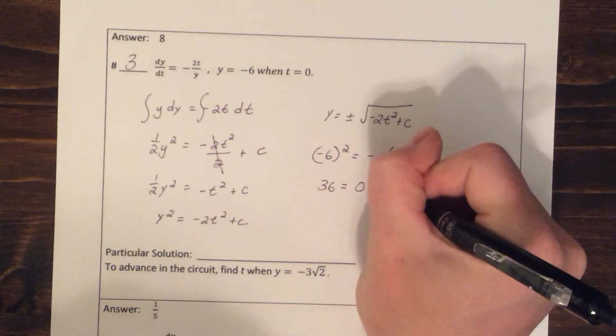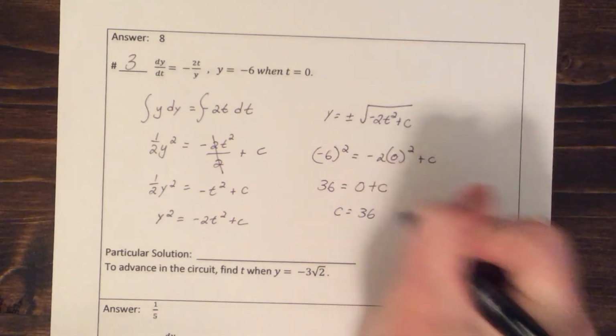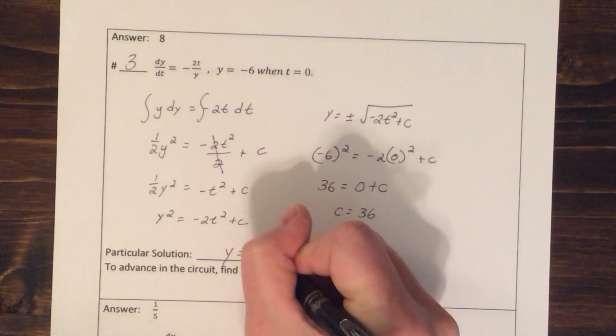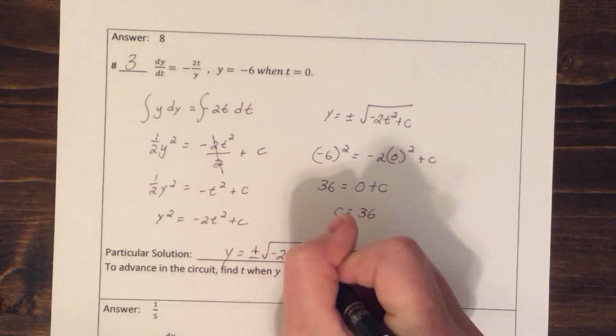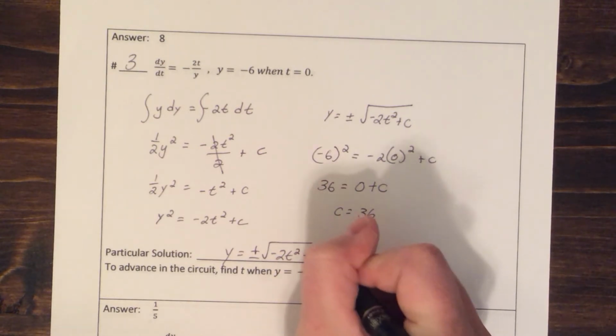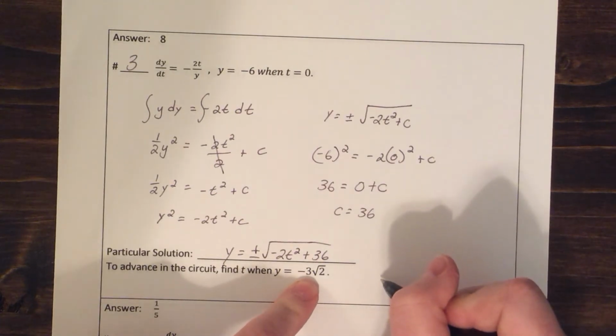And then we're going to have 0 plus c, so c must be 36. Alright, so then it says find t when y is negative 3 square root of 2.